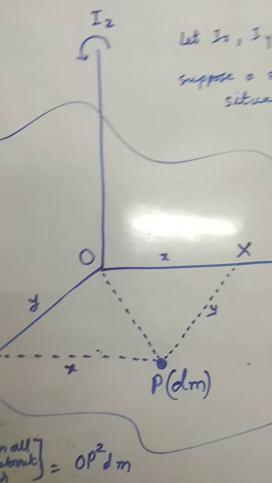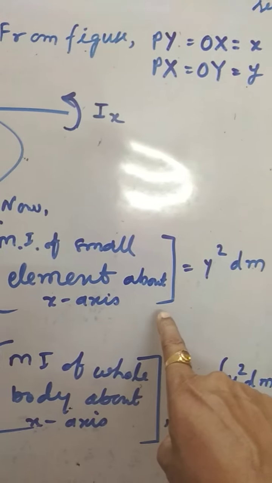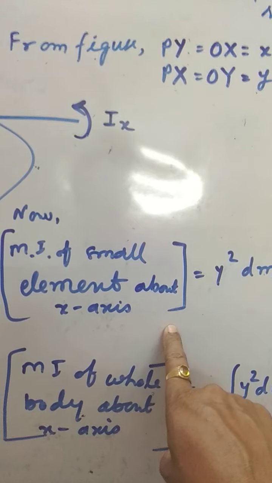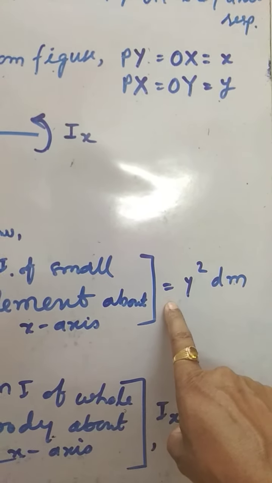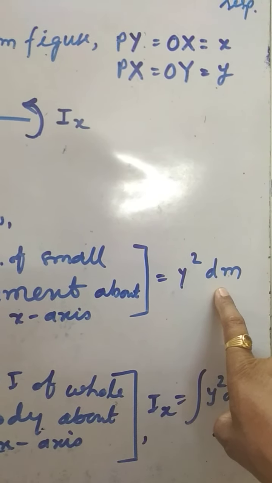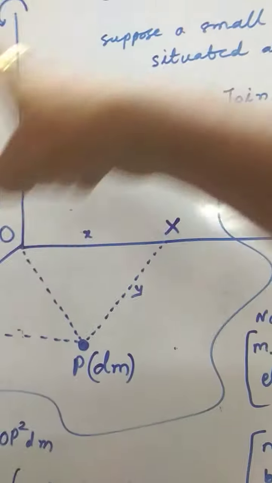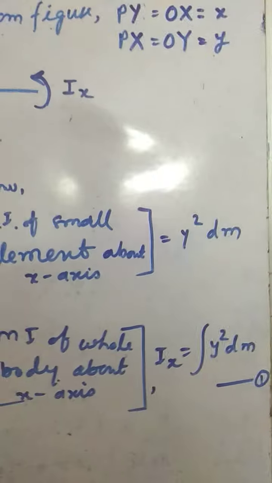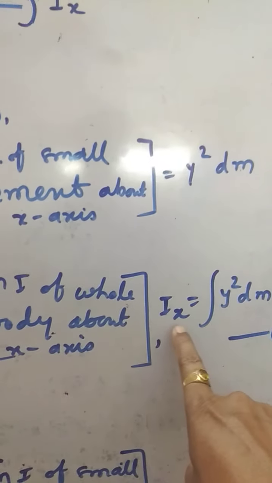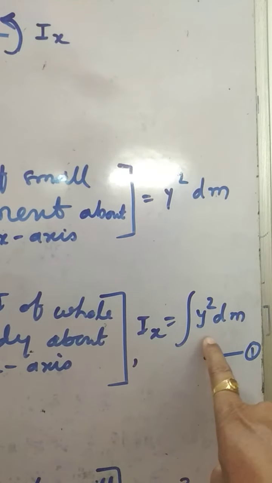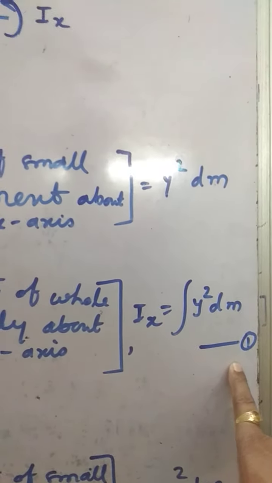So first of all we consider the moment of inertia of small element about x-axis. Moment of inertia of small element of mass dm about x-axis is written here equal to y square into dm. For whole body the moment of inertia about x-axis is represented by Ix is equal to integration of y square into dm, equation number 1.